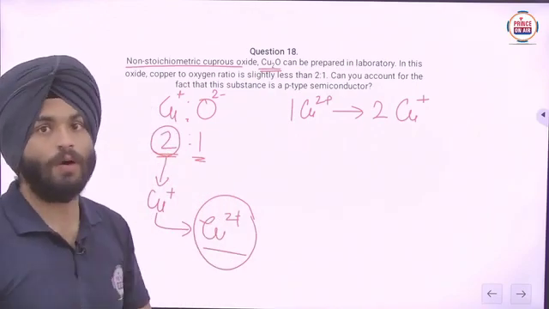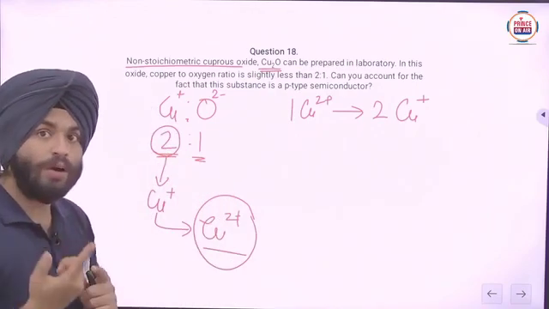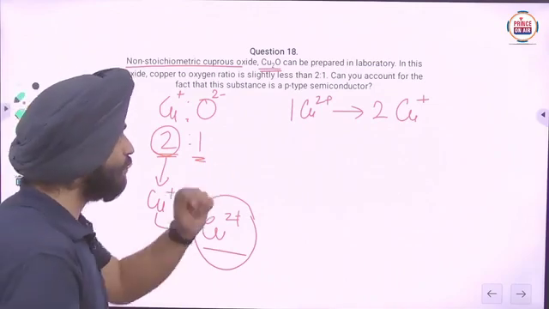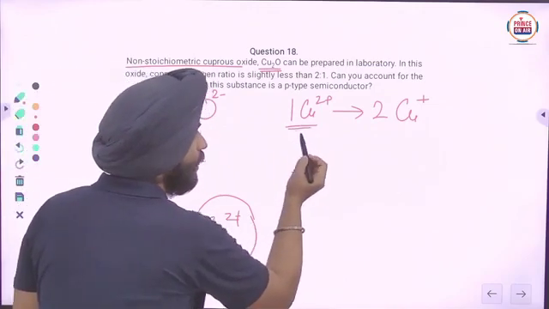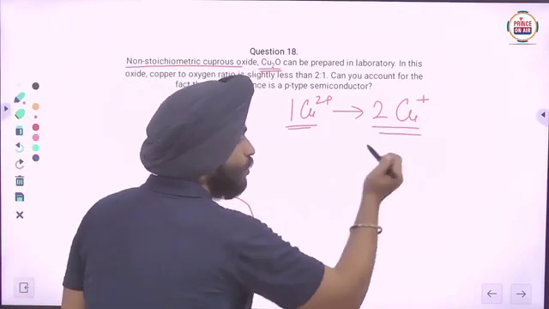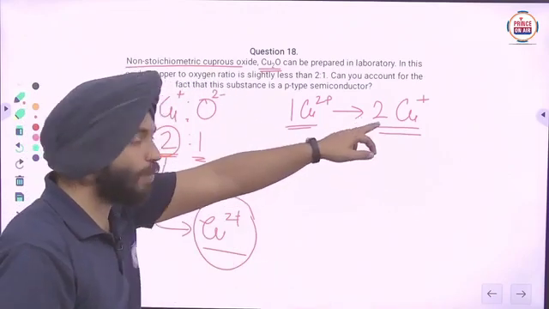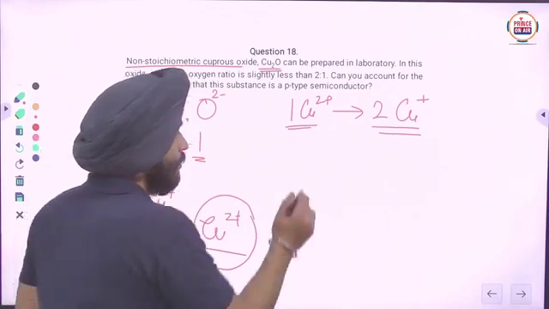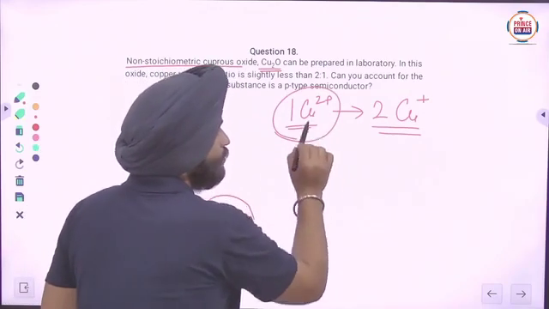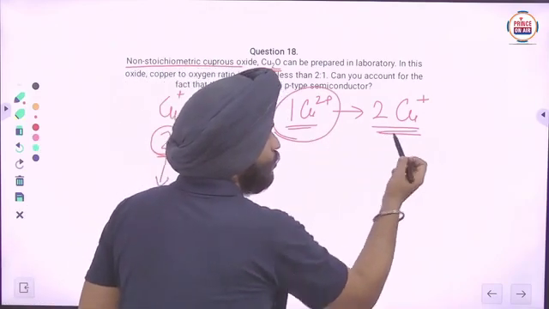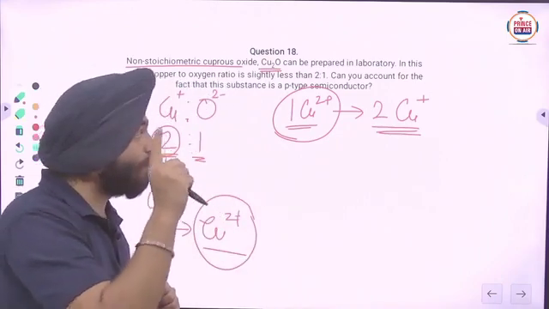Clear? Now copper 2 positive ions, how will they replace? See, in place of 1 copper 2 positive ion, there will be the replacement of 2 copper 1 positive ions.